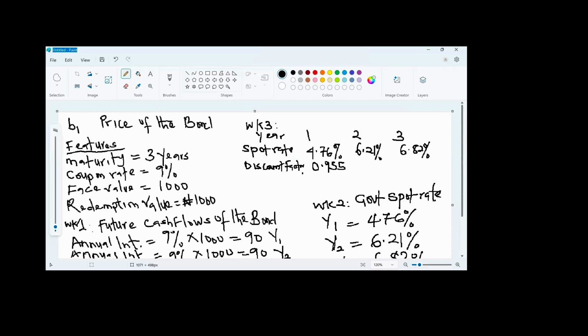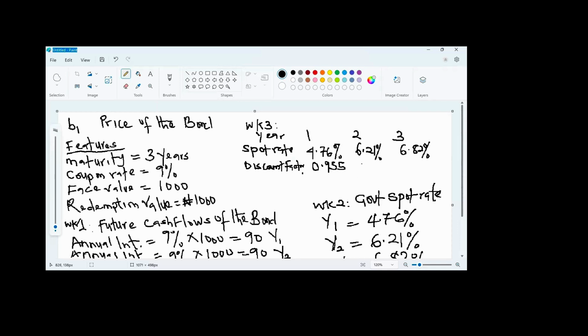Please, is there anybody in this class that doesn't know how we get the discount factor? Now for year 2, we are going to use 6.21. Discount factor for year 2 at the rate of 6.21.